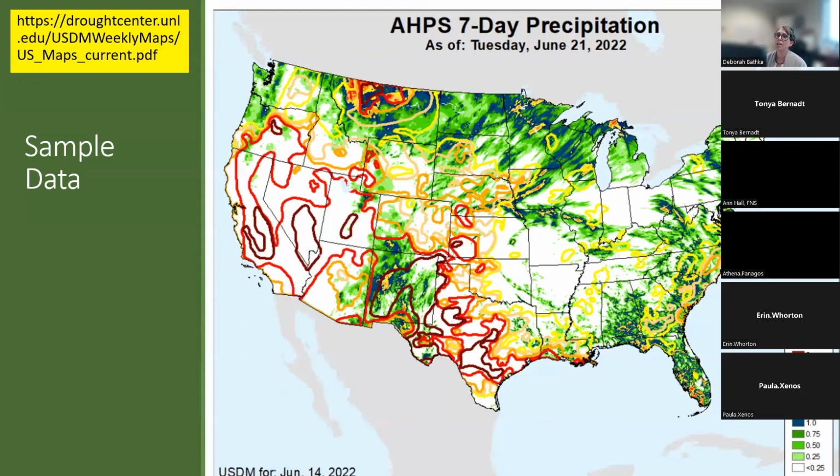So you can either look at your own location. In this case, I drew a circle around Montana because that's one place that I remember where the map showed that there were some improvements made this week. So here we can see that in the last 7 days, they had anywhere from 2 to 6 inches of rain in that area.